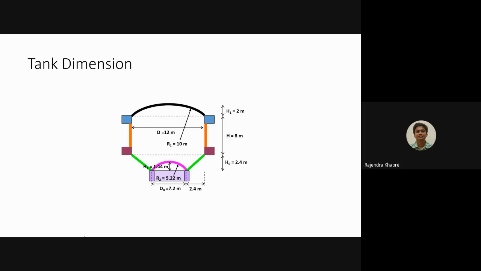Okay, so now if you remember, in the previous class we have already designed the Intz tank, and using the basic equations we have calculated the various dimensions to accommodate the water of 1000 meter cube. Like the internal diameter, we have considered this as 12 meters. The radius of the dome was 10. The rise of the top dome was 2.